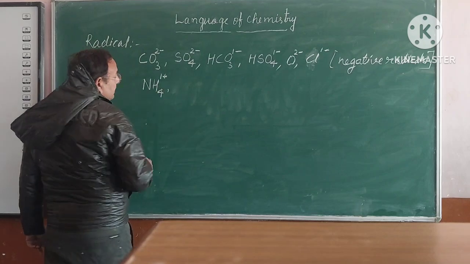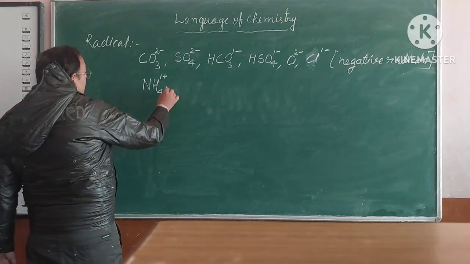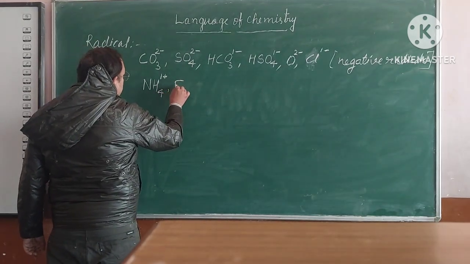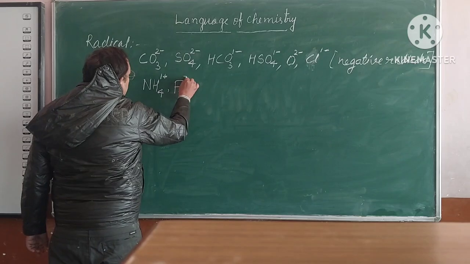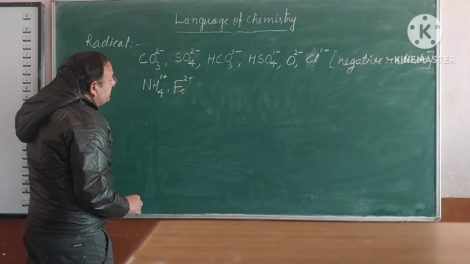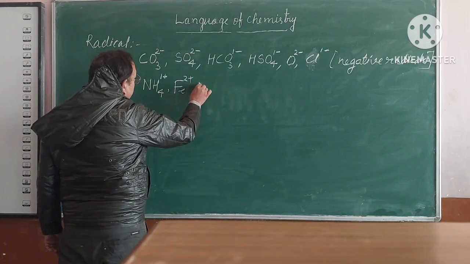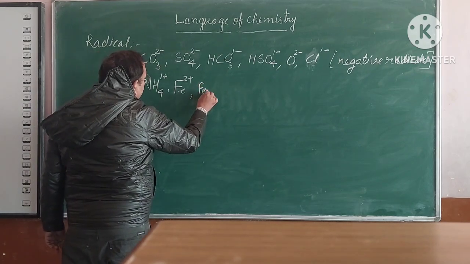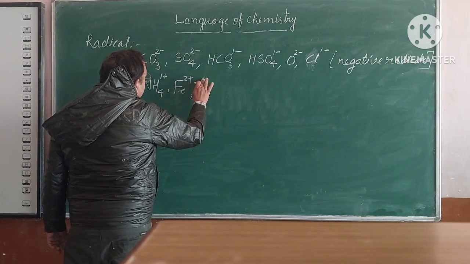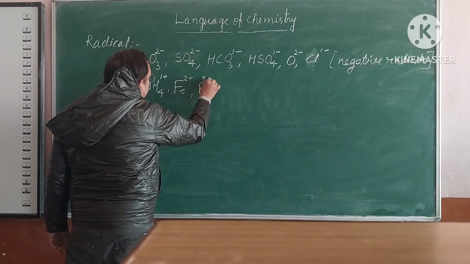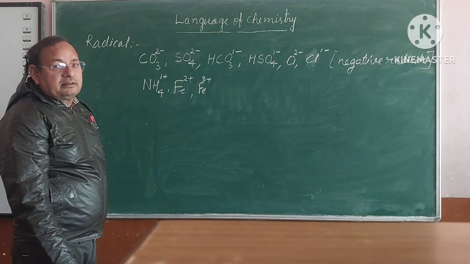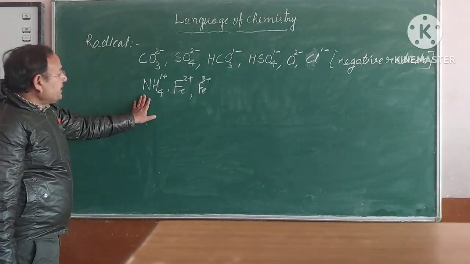Another electropositive radical, ferrous radical, Fe2+. Another positive radical, Fe3+, ferric radical. This is the ammonium radical.